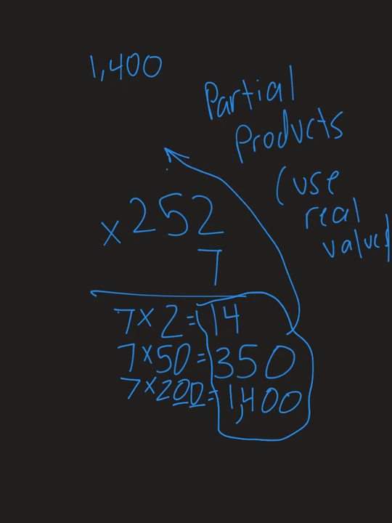I'm going to be careful to line up my place values and make sure my ones places, my 4, my 0, and my 0 right here are all lined up so that I add correctly. 0 plus 0 plus 4 equals 4. 0 plus 5 plus 1 equals 6. 4 plus 3 equals 7. And 1, bring it down, is just 1. And that's going to be my final answer, 1,764.